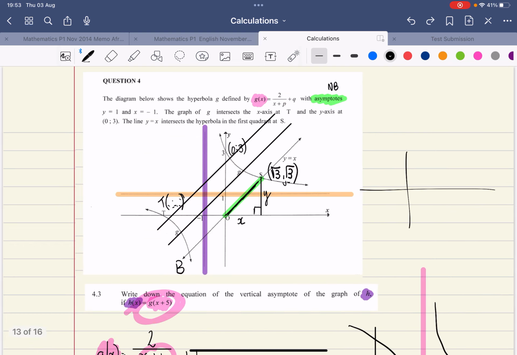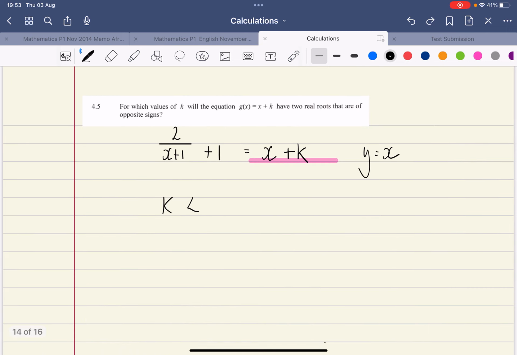And what will that value be? Well, as long as k does not move more than 3 units up, because look, we have an intersection with our hyperbola on the y-axis at 3, so as long as it doesn't move past 3, we are all good. So k must just always be smaller than 3, and then we will always have two roots that are real and are of opposite signs.